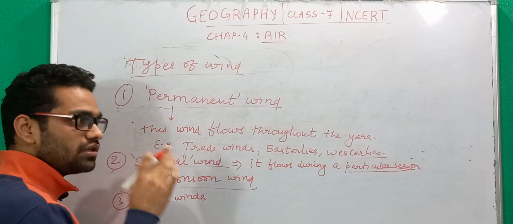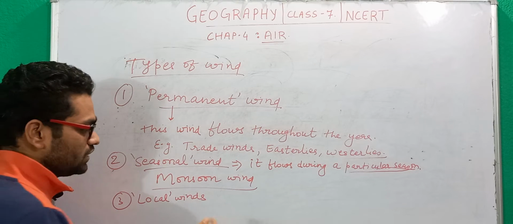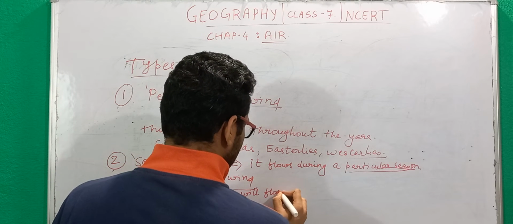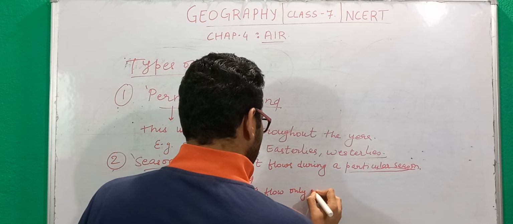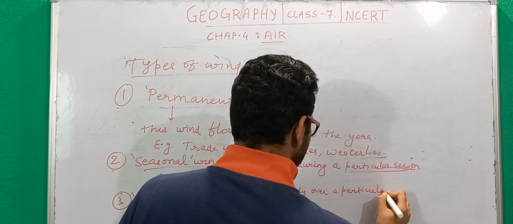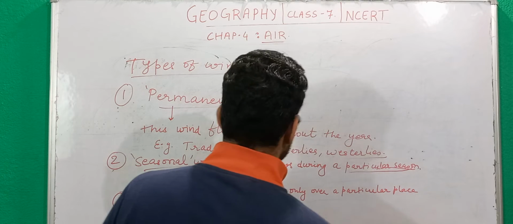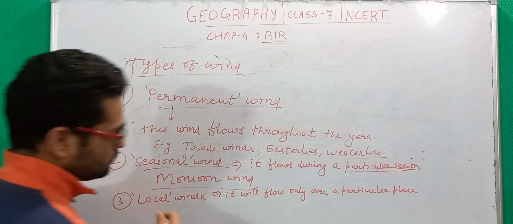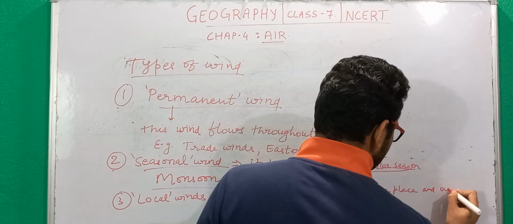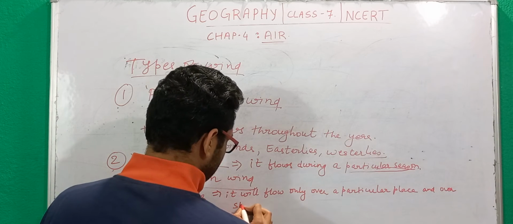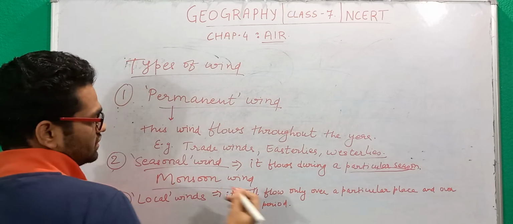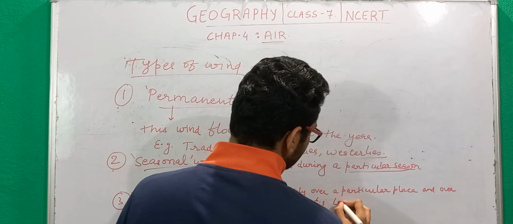So it will flow only over a particular place, and also over a short period in a particular season. Let's say the example is Lu.